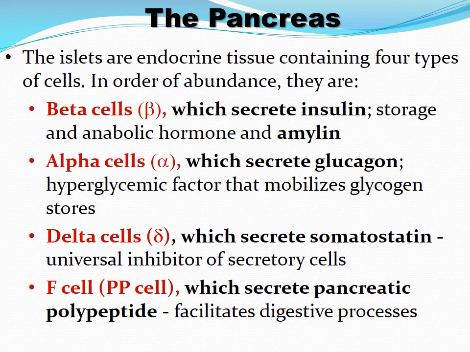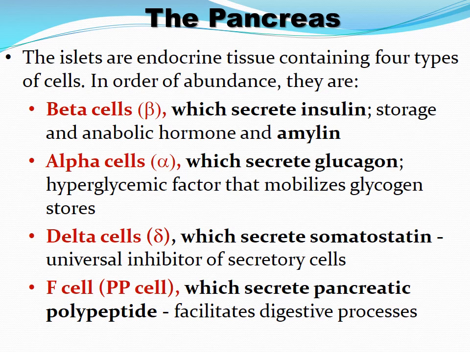The pancreas is an organ containing four types of cells. According to their abundance, these include beta cells, which secrete insulin, a storage and anabolic hormone, and also secrete amylin.